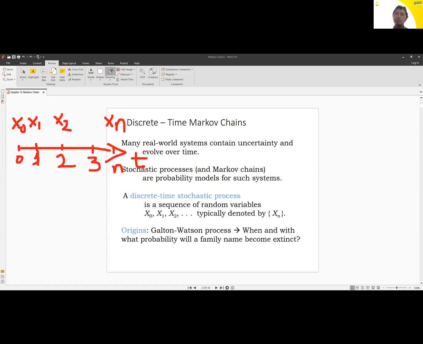The point is when, and with what probability, a family name becomes extinct after certain generations. It's a typical problem of this kind.